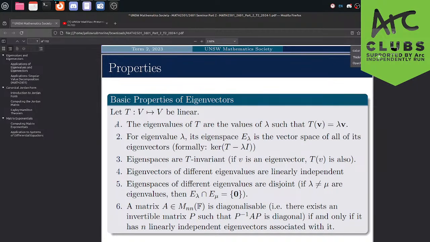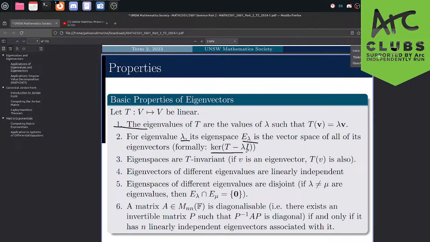So this is the normal definition of eigenvalues and eigenvectors. For eigenvalue lambda, its eigenspace is denoted E subscript lambda, and the eigenspace refers to the vector space of all of its corresponding eigenvectors.